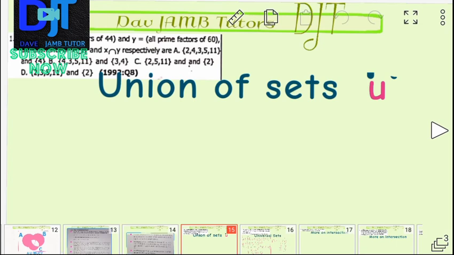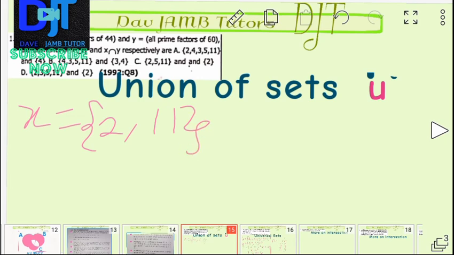Prime factors of 44 are 2 and 11, because they are numbers that divide 44 and are only divisible by themselves and 1. So that's x.